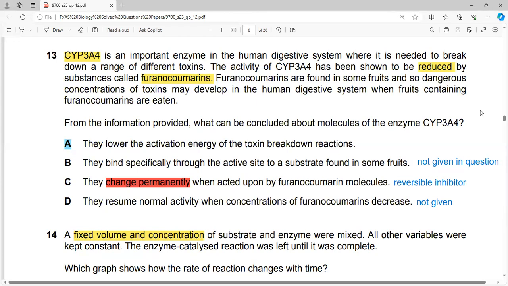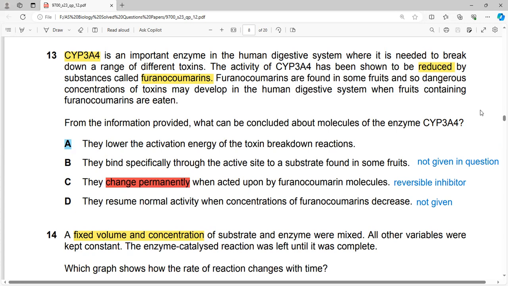B is the wrong option. Why? Because it says they bind specifically through the active site to the substrate found in some fruits. That's not given in the question statement. Option C says it is changed permanently when acted on by the furanocoumarin molecule. This is a reversible inhibitor, so that's not given there, like permanently canceling the action or denaturing. This is not given in the question statement.